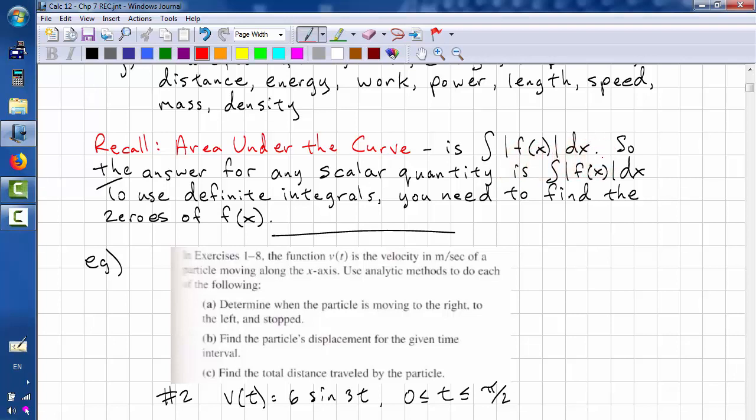So for any scalar quantity, we have the integral of the absolute value of f of x dx. And if you're doing it algebraically with definite integrals, you need to find the zeros of f of x. That way we can partition, and add the negative of the definite integral below the x-axis.